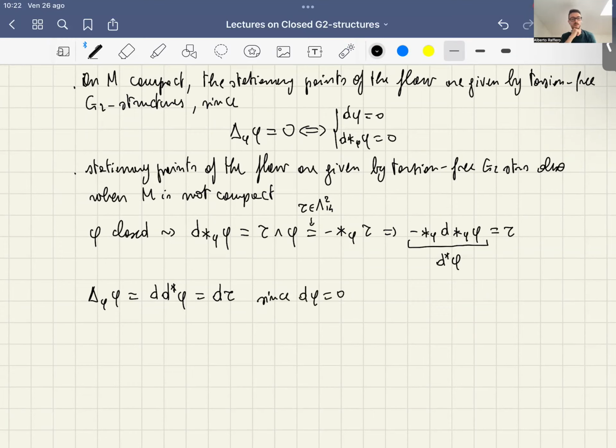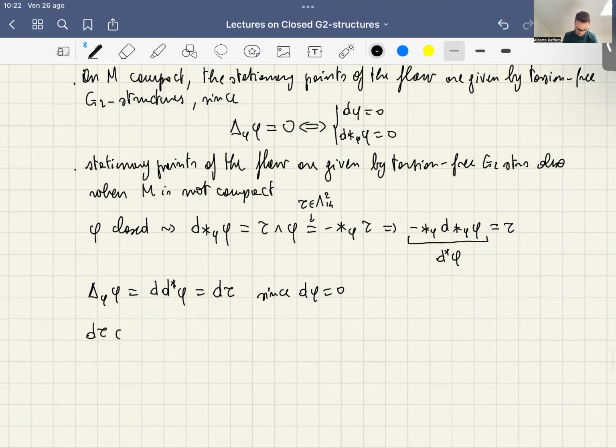And moreover, of course, the differential of tau is now a 3-form on the manifold that you can decompose according to the decomposition of 3-forms induced by the pointwise decomposition of the G2 module lambda 3 R7 star.